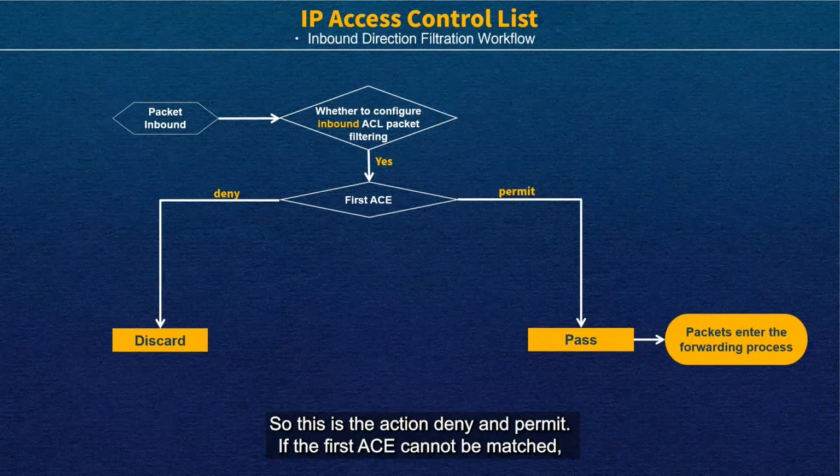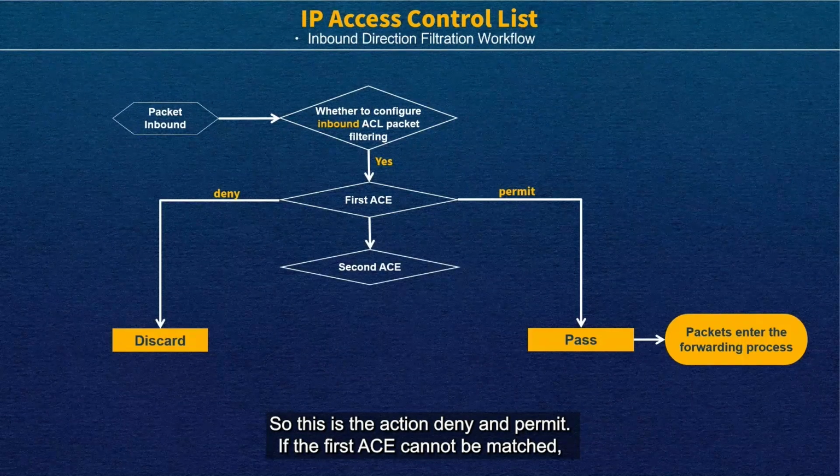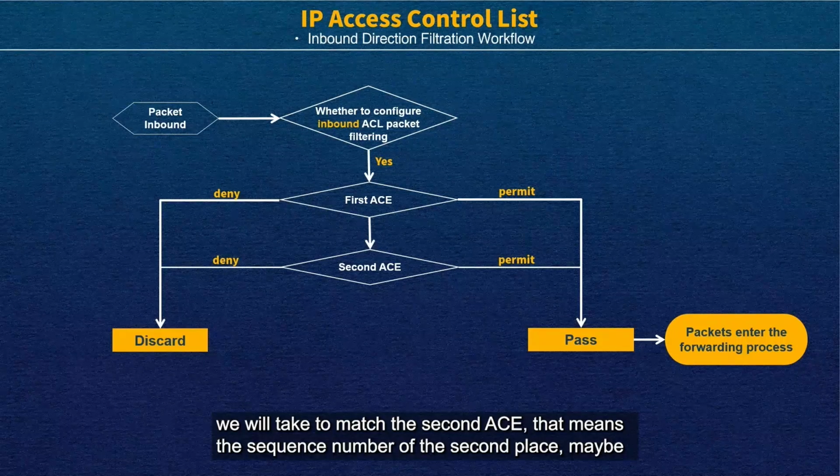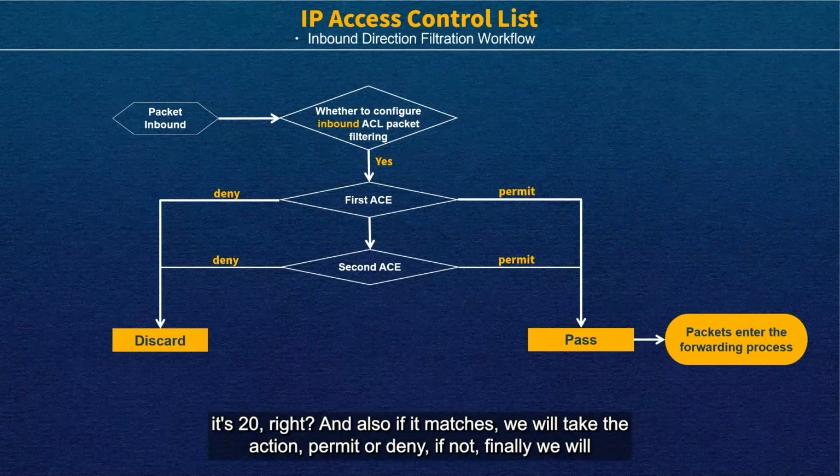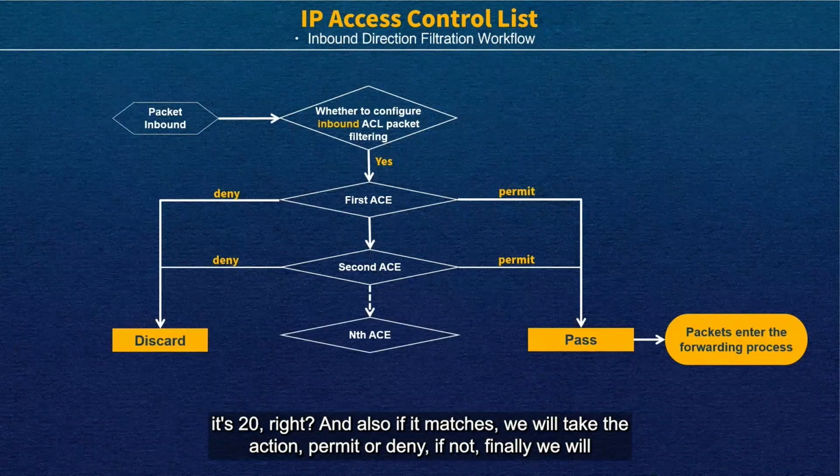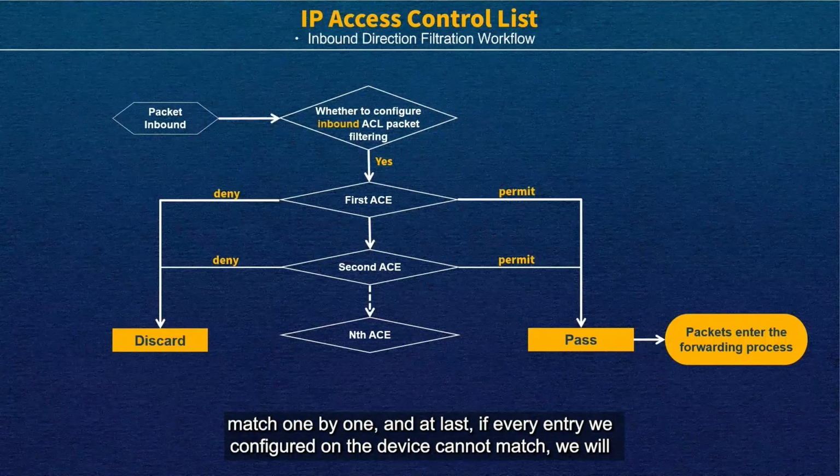So this is the action deny and permit. If the first ACE cannot be matched, we will match the second ACE, whose sequence number may be 20, right? And if matched, we take the action, permit or deny. If not, we match one by one.